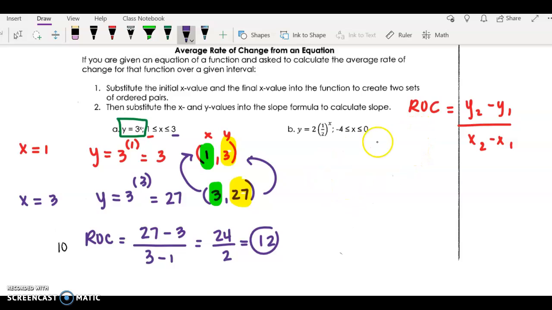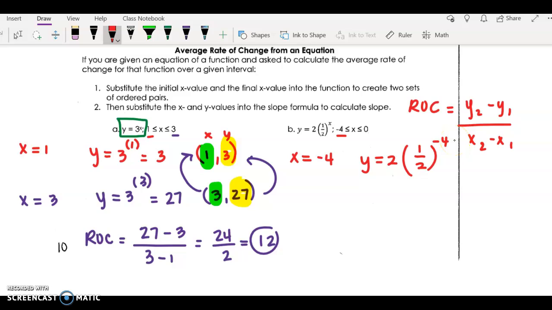For our next example, we'll repeat the same process. Our first x value given is negative 4. So for x equals negative 4, we'll have y equals 2 times (1/2) to the negative 4. Well, this is a bit tricky to evaluate.